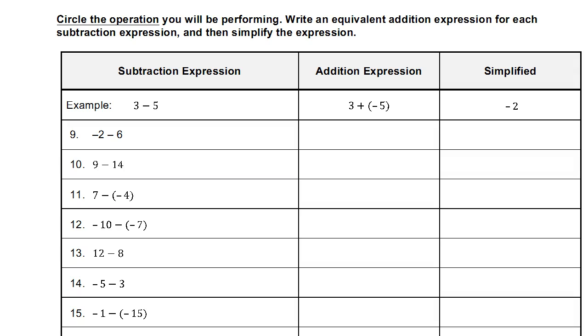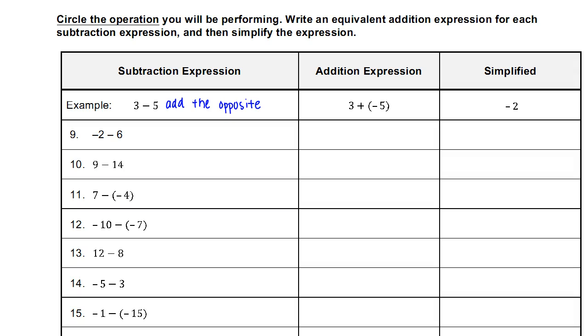So they've given us an example. They've got 3 minus 5. So notice that they left the 3 the same, but they rewrote it as addition of the opposite. So it's important for us to note that we want to add the opposite when we are rewriting a subtraction expression as an addition expression.